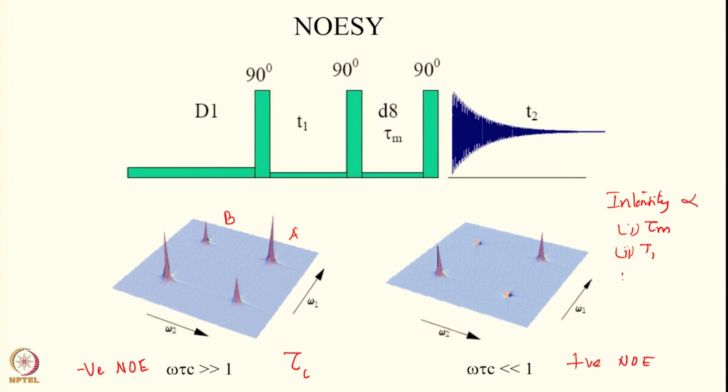It will also depend upon the spectrometer frequency omega naught, because omega naught tau c can be larger or smaller depending upon the spectrometer frequency as well. And then in the case of exchange, you will have the exchange phenomena, the exchange rates.